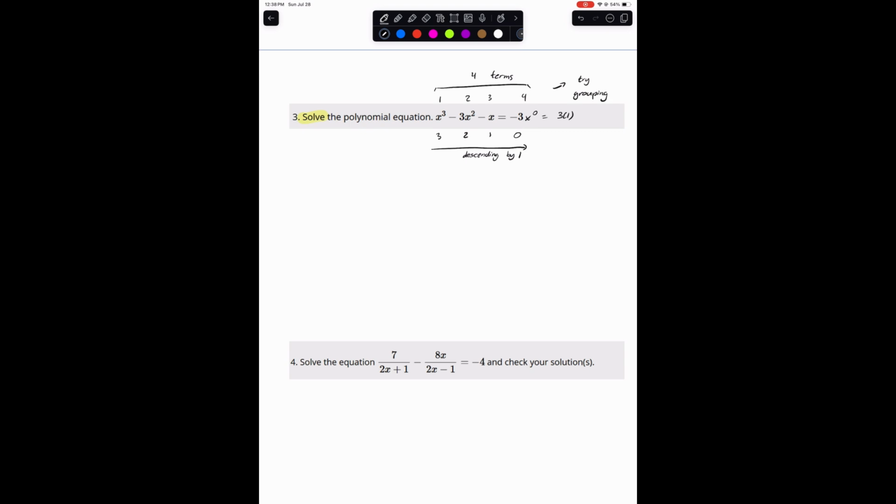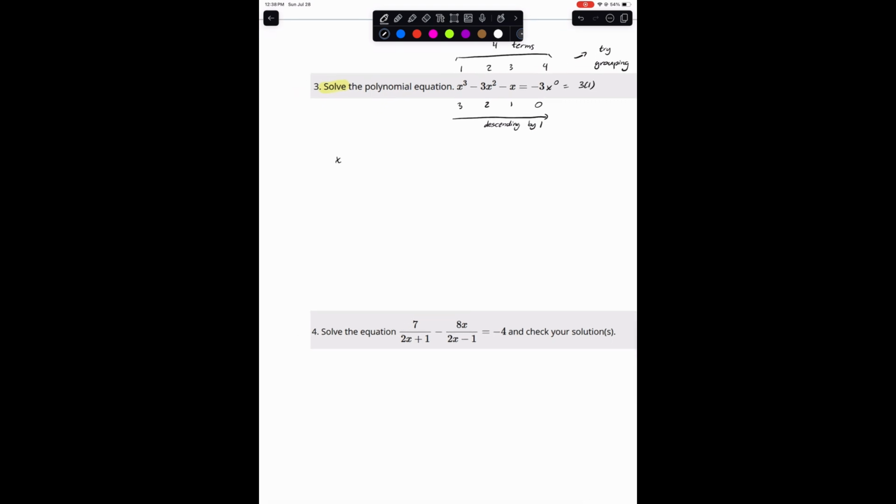I'm going to try grouping everything together. Okay. So I'm going to have x cubed minus 3x squared minus x, and I'll move that 3 to the other side, so plus 3 equals 0. Also, in general, just having a 0 on one side helps.